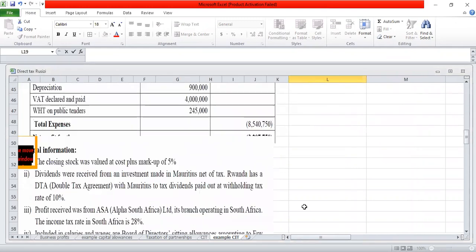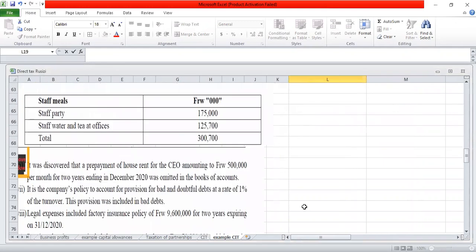I want us to look at this expense on note number what? It was discovered that a payment of house rent for CEO amounting to 500 per month for 2 years, ending at 31st, was omitted in the books of account. Is this a business expense? Rent of house for CEO?